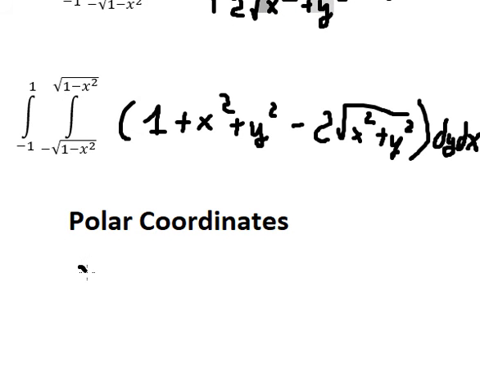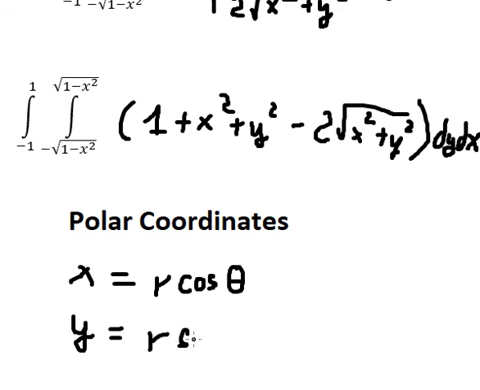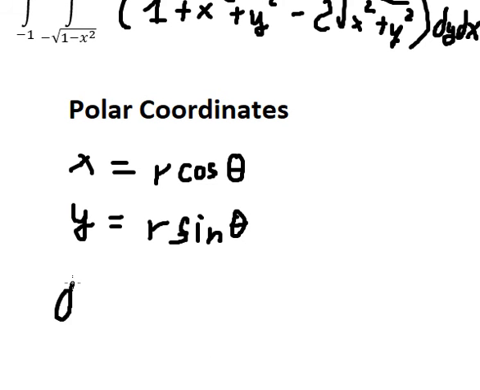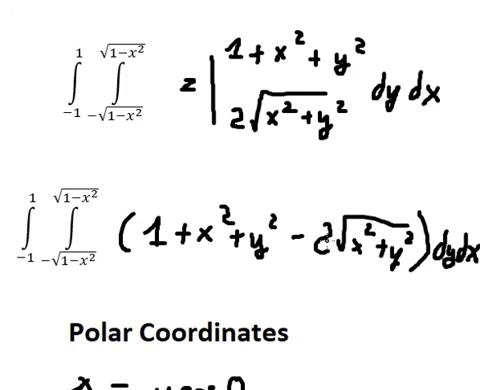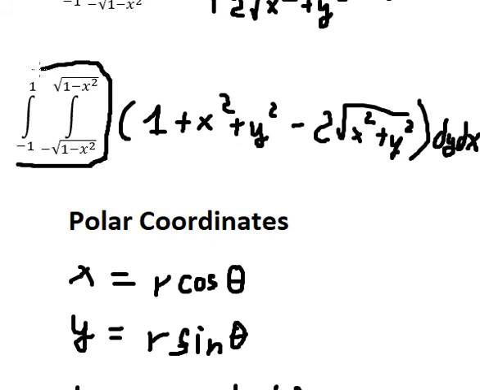That is x equals r cosine theta and y equals r sine theta. dy dx equals r dr d theta, and the next one, x squared plus y squared equals r squared. Now we need to consider the bounds.